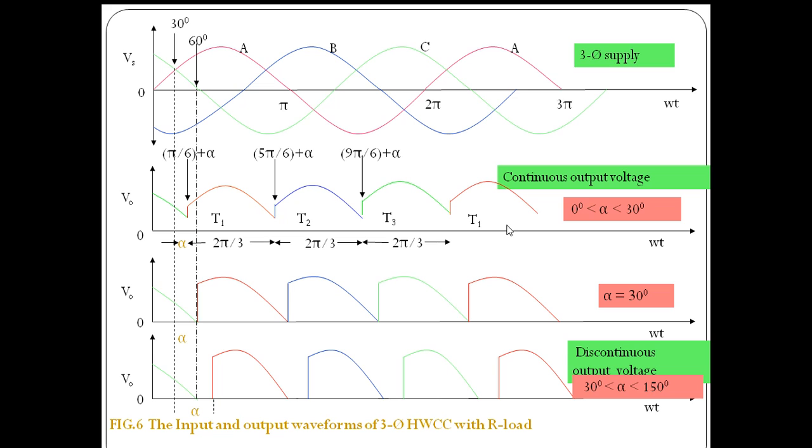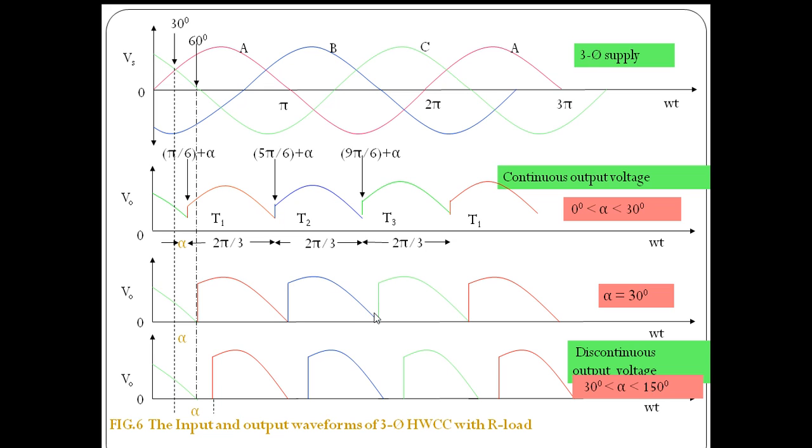Continuous conduction. If we fire at a delay angle of 30 degrees, at this point phase C will become 0 and phase A will become more positive. So this voltage will be available, and here we are not firing T2, so T1 will be in continuous conduction. At this point, with the delay angle of 30 degrees, we are firing T2, and the phase B voltage will be available.